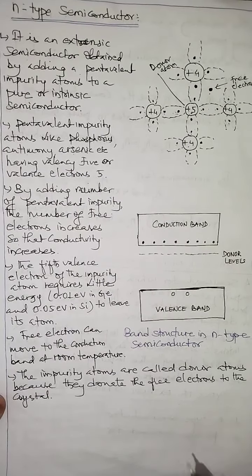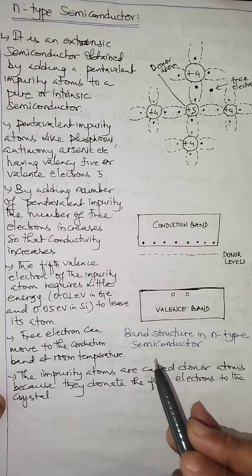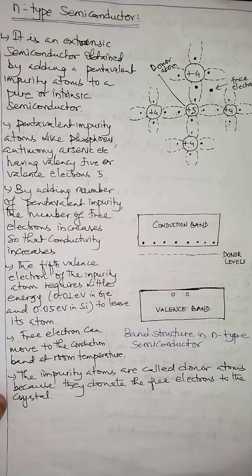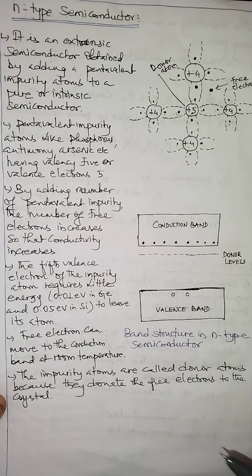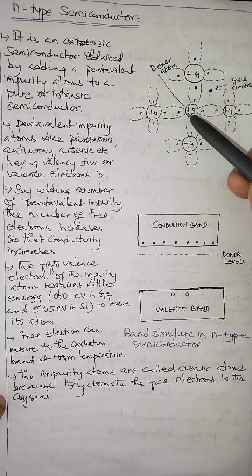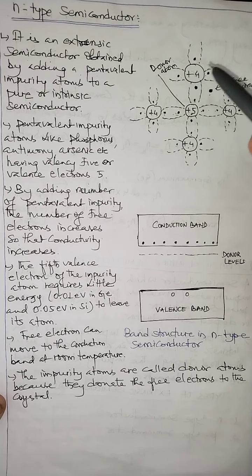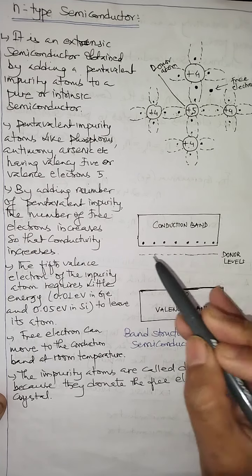Now we will discuss in detail the band structure of n-type semiconductor, also called the energy band diagram of n-type semiconductor. This can be understood with the help of this diagram. So this is the energy band diagram of n-type semiconductor. Now if you look at this diagram, the fifth valence electron of every pentavalent impurity atom which is added to the semiconductor acquires its own discrete energy level, and this energy level will be just below the conduction band.